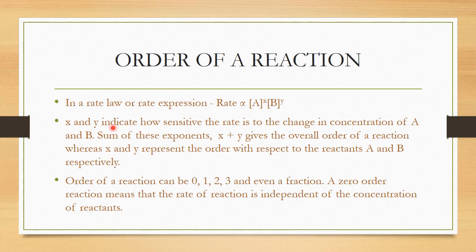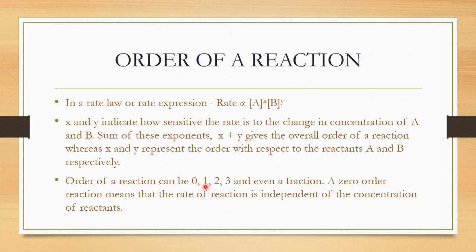Here x and y indicate how sensitive the rate is to the change in concentration of A and B. Now, the sum of these exponents, that is x plus y, gives the overall order of a reaction, where x is the order with respect to reactant A and y is the order with respect to reactant B.